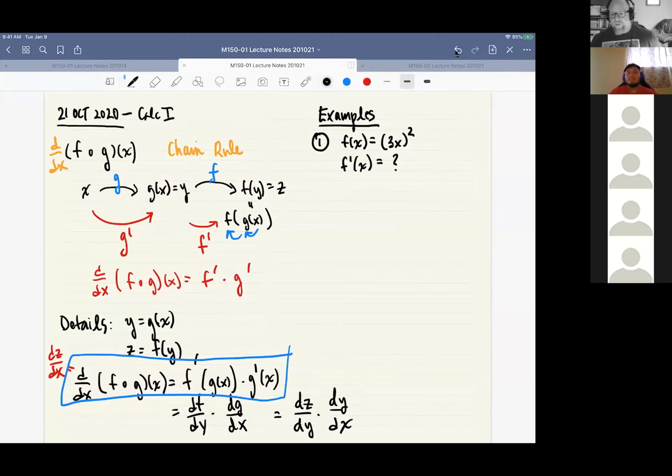Okay, so what's the derivative of the quantity 3x squared according to the chain rule? I'm going to set my timer for 1 minute. I'll ask people if they have any guesses, any educated guesses. So go for it.